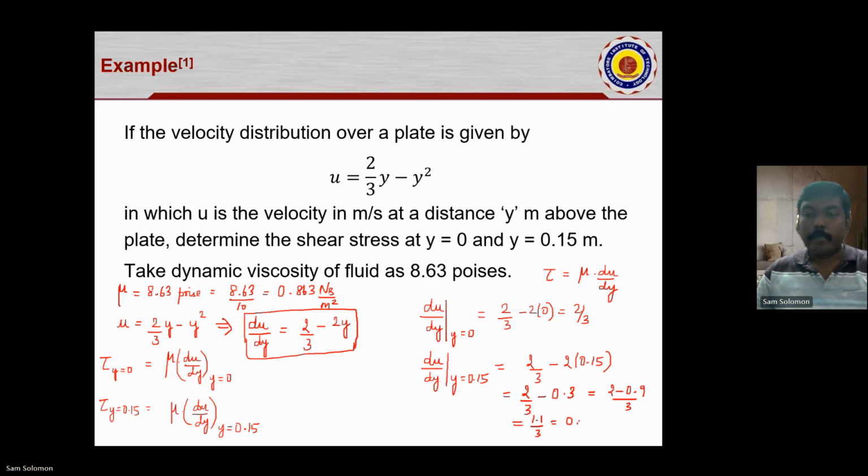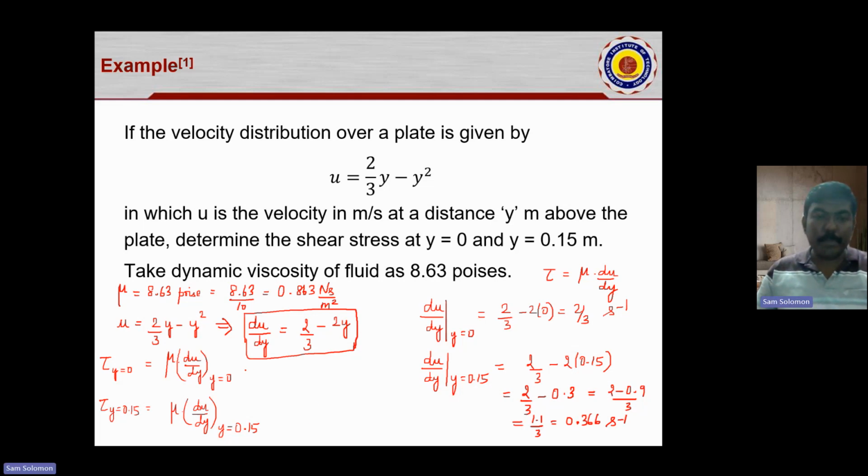How much is that? 3 threes are 9. And so it is 0.366. Okay. So the unit is going to be meter per second by meter, so it is second to the power minus 1.